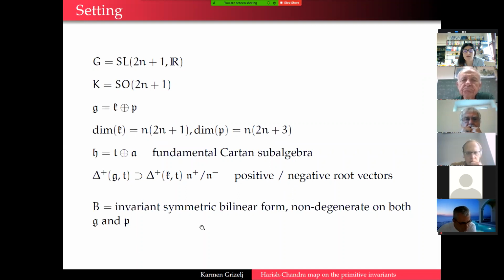Notice that the parity of the dimension of P is the same as the parity of n, which will be important later because some proofs look slightly different in the case of n even and n odd. For n odd, it's slightly more complicated.